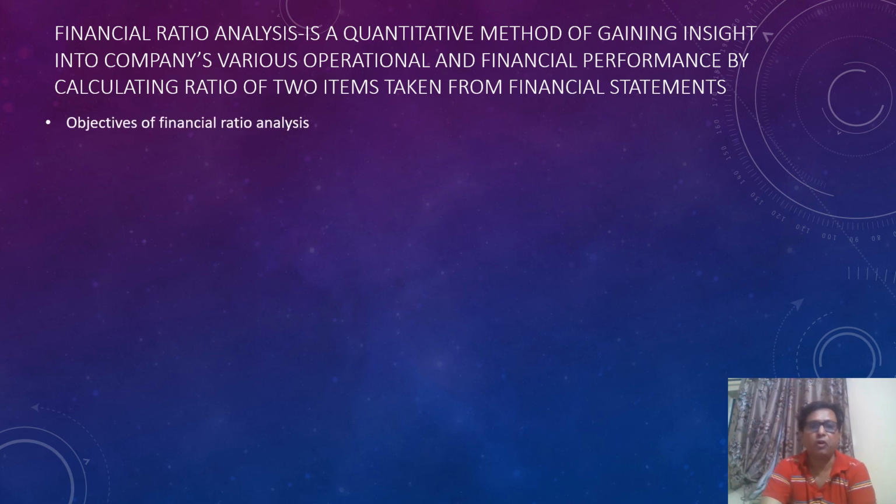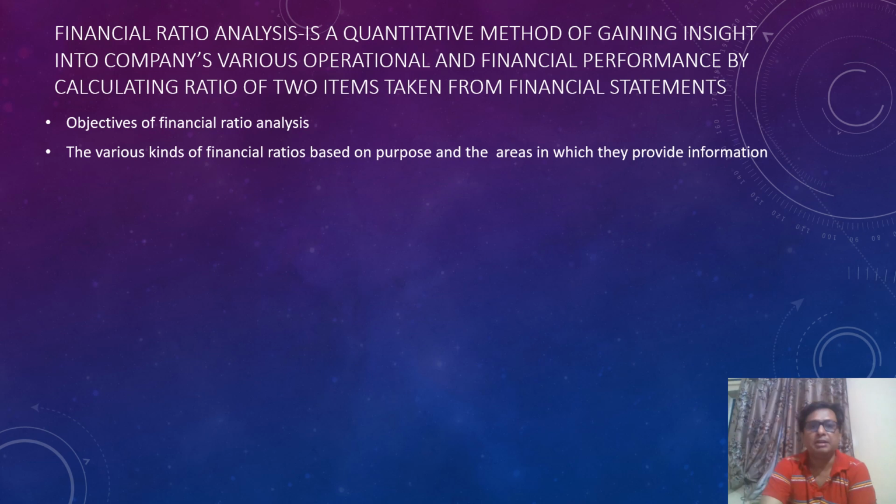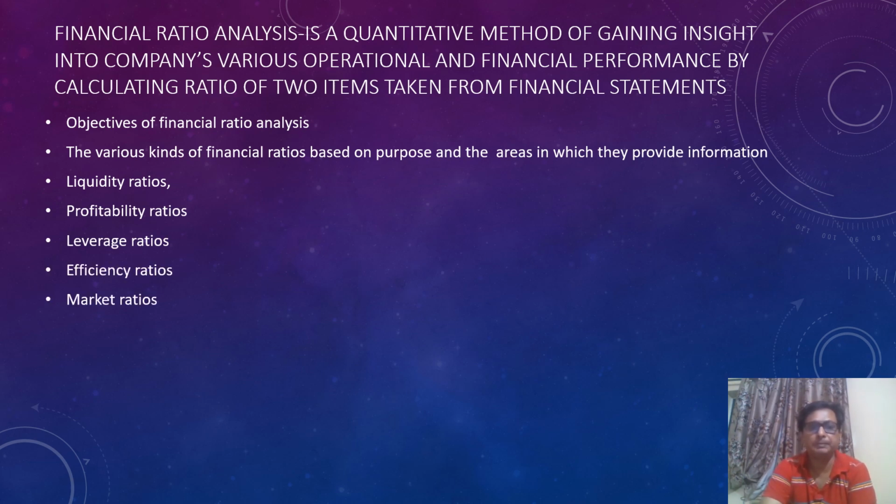We'll be covering the following areas in this presentation: objectives of financial ratio analysis, the various kinds of financial ratio analysis based on purpose and the areas in which they provide information: liquidity ratio, profitability ratio, leverage ratios, efficiency ratios, market ratios, coverage ratios.